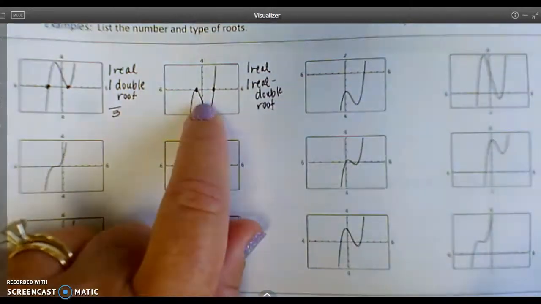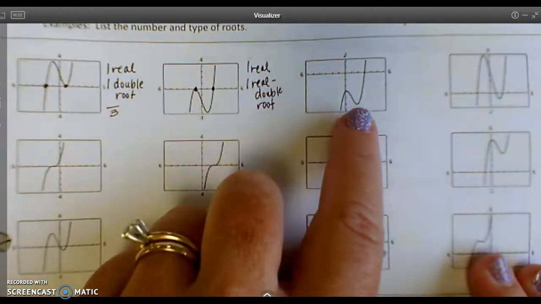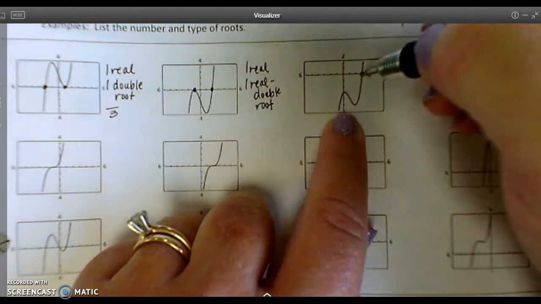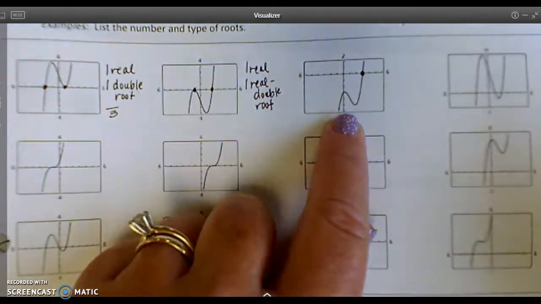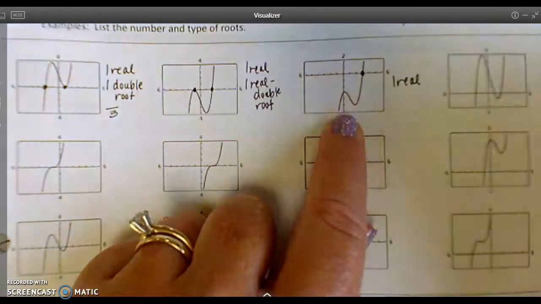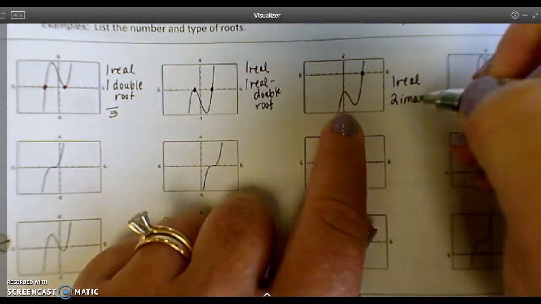So that makes 3. Okay? Let's look at this one. This one only crosses the x-axis once. That means there's 1 real. And we have to have 3 solutions because we're talking about cubic. What that means is that the other 2 are imaginary.